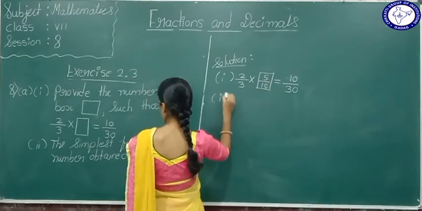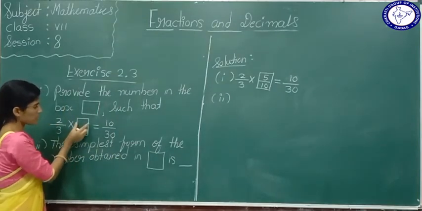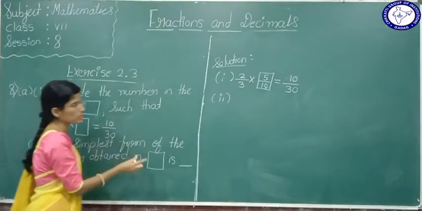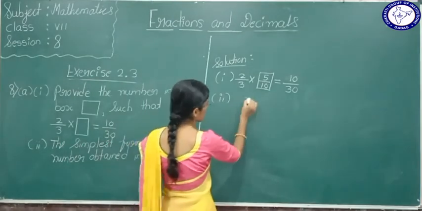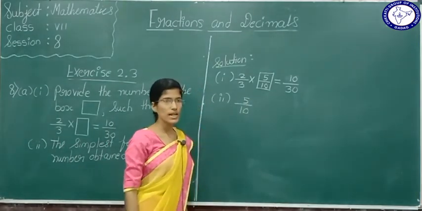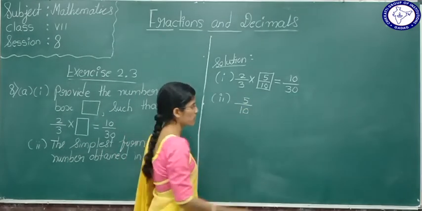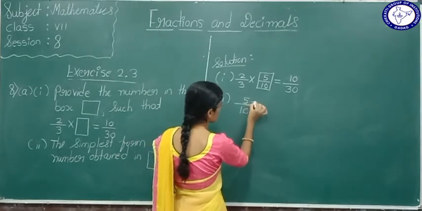Second one: the simplest form of the number obtained here. What is the simplest form of 5 by 10? You can cancel or you can take the HCF of 5 and 10. The HCF of 5 and 10 is 5.